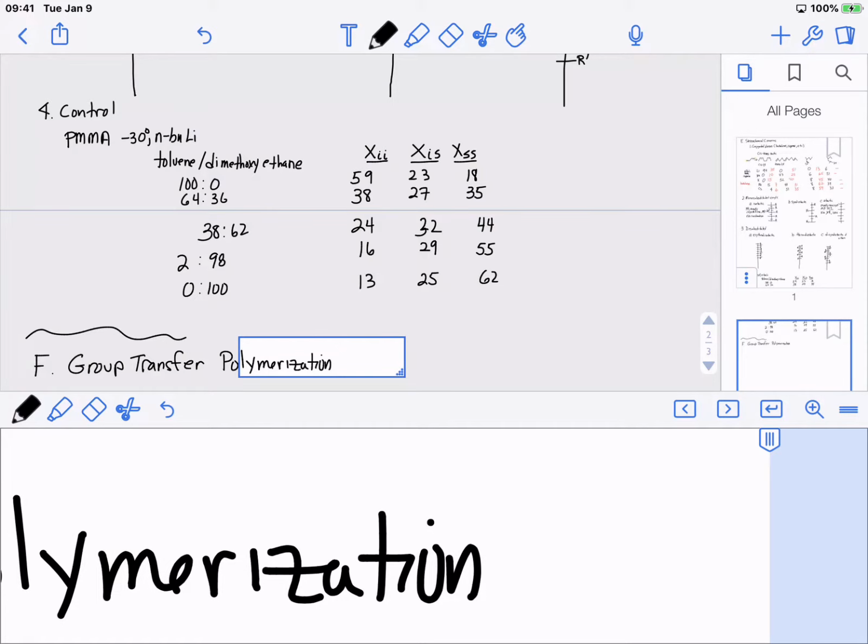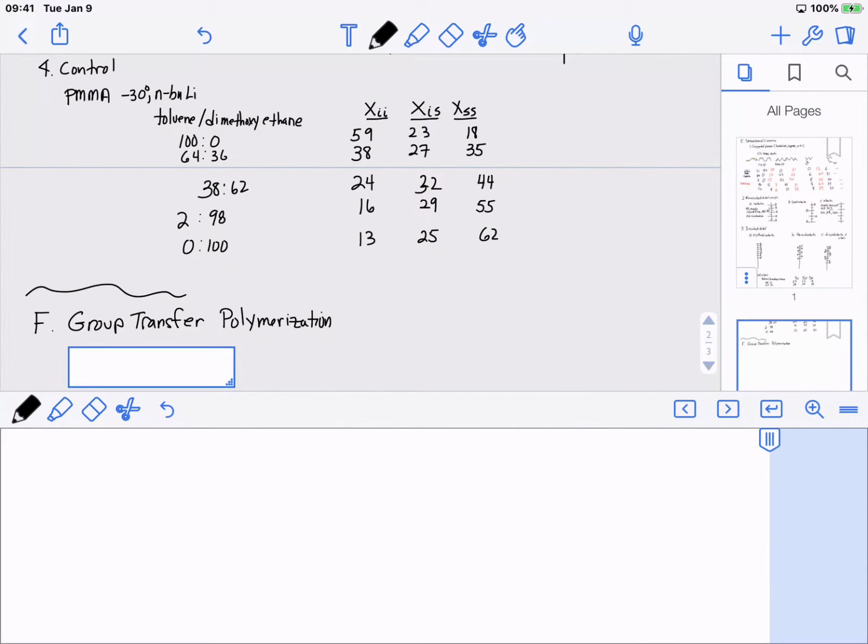I was planning to skip this, but your book has a section on it, so I figured I would include it.